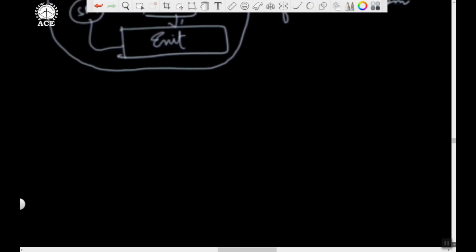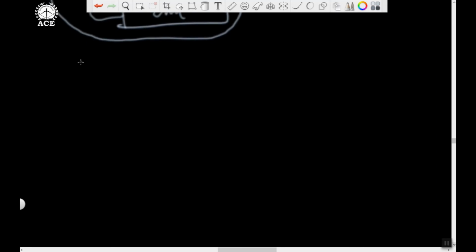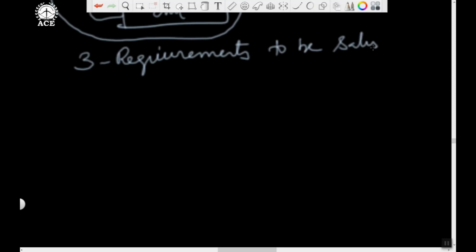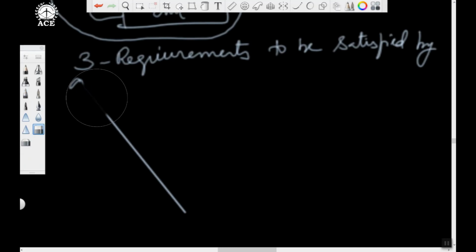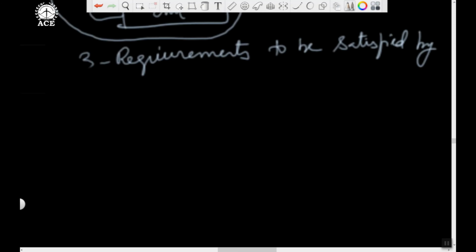Let us see the three requirements to be satisfied by any synchronization mechanism for its critical section.